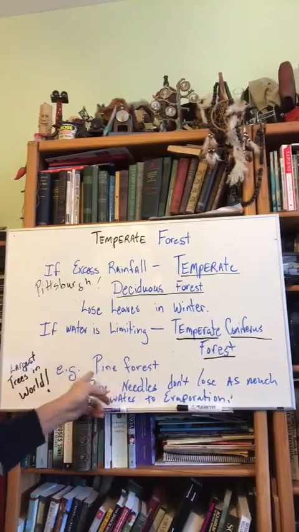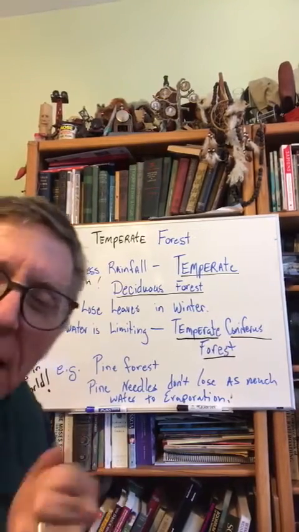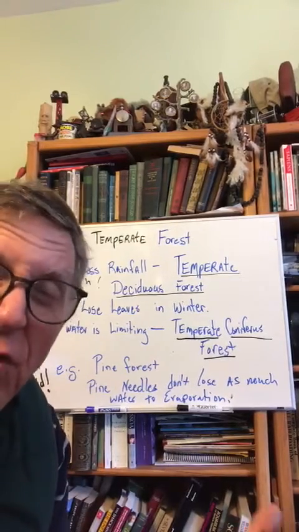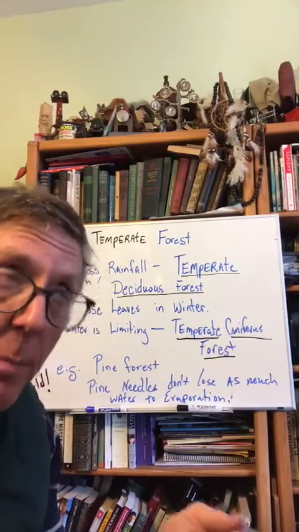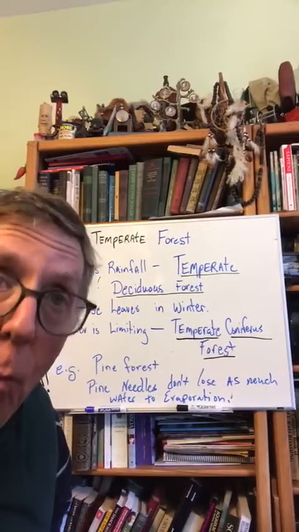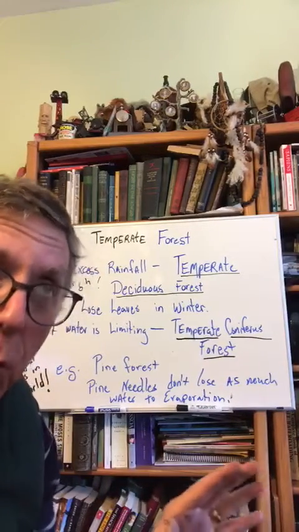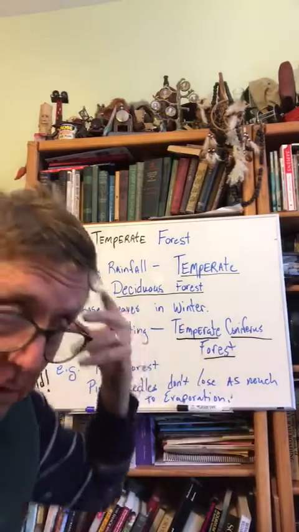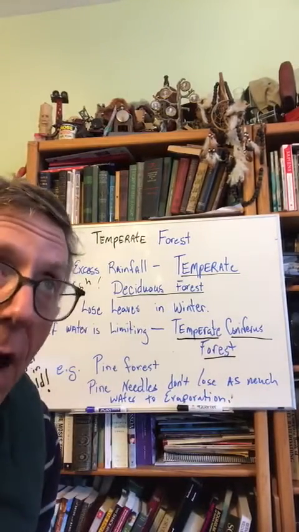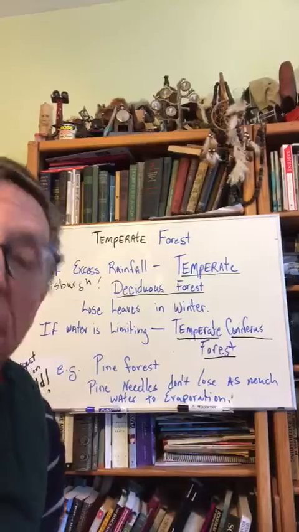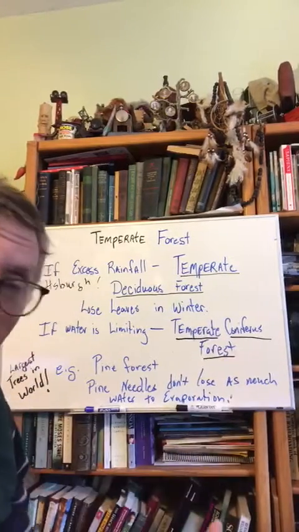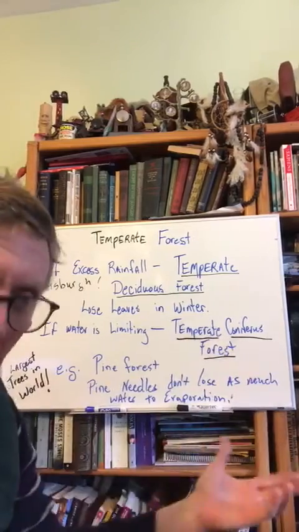And so in the pine forest, if you think about those pine needles and you think about evaporation, well, there isn't much surface area on a pine needle, so they don't lose the water. They lose nowhere near as much water as a leaf on an oak tree or a sycamore, whatever, where there's a lot of surface area for evaporation. So in the pine forest or coniferous forest, this can be spruce and fir as well.